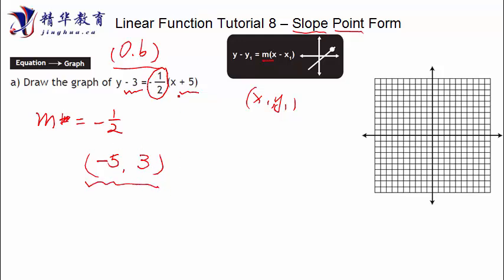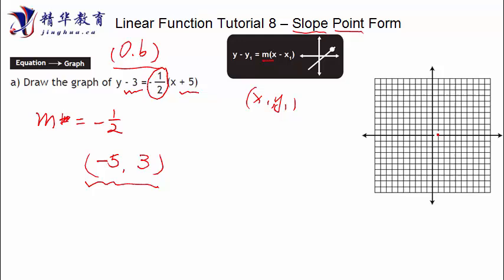The point is not like these two numbers. Actually, it's kind of reversed. It must be y minus something, and that is the value you're looking for. And here x plus 5, which means the point's x value is negative 5. Must be careful with this.